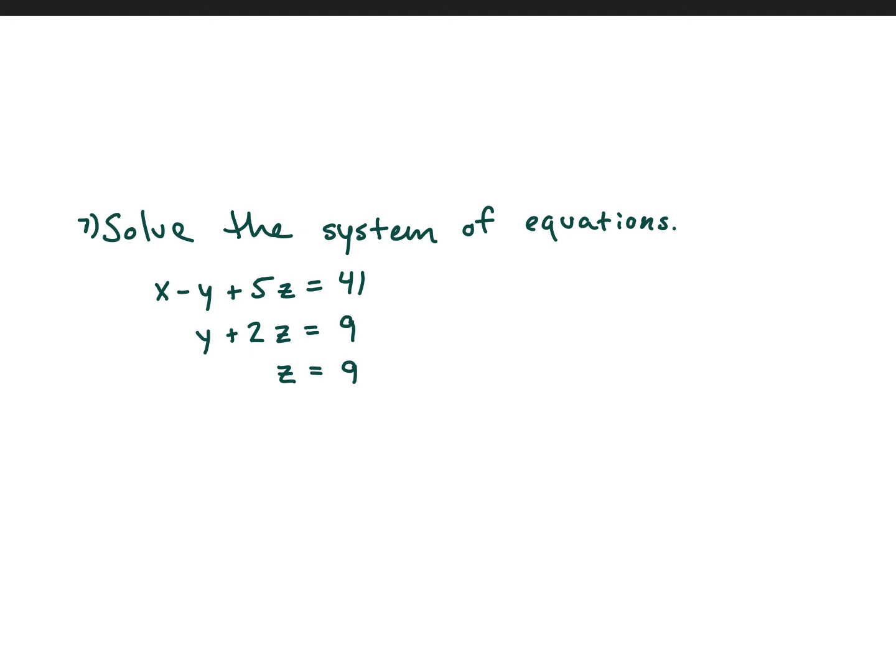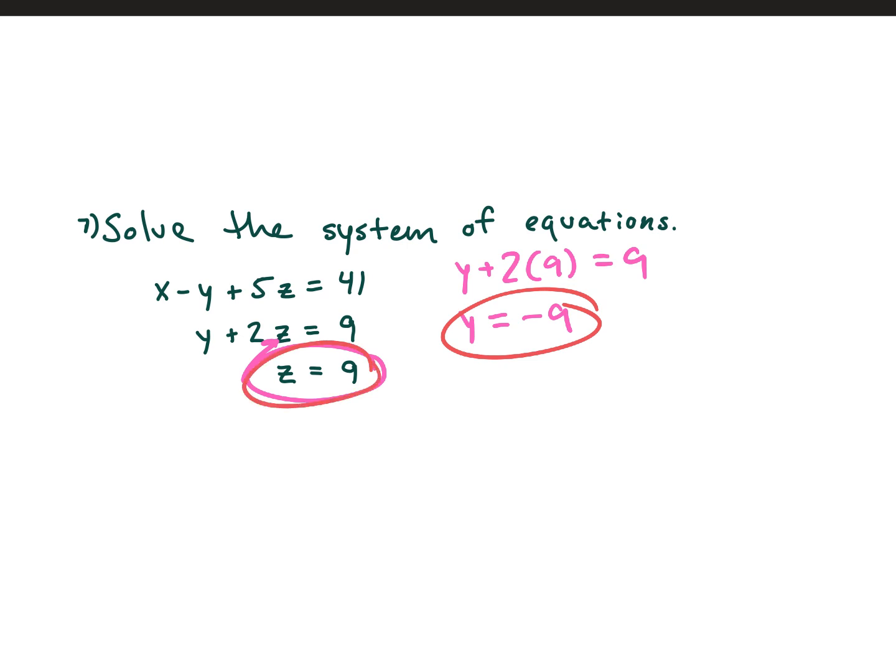So solve the system of equations. This is just back substitution. Plug z equals 9 into z. So I get y plus 2z, which z is 9, is equal to 9. So what does y equal? Negative 9. And then we plug y and z into the first equation. So that goes into z, this one goes into y. So x minus negative 9 plus 5 times 9 is equal to 41.